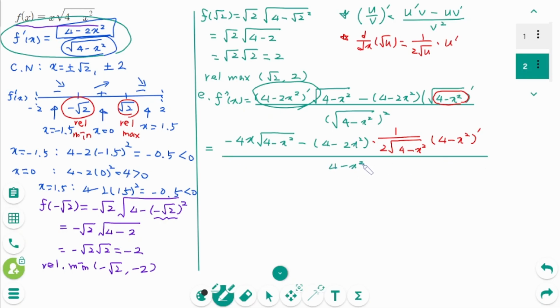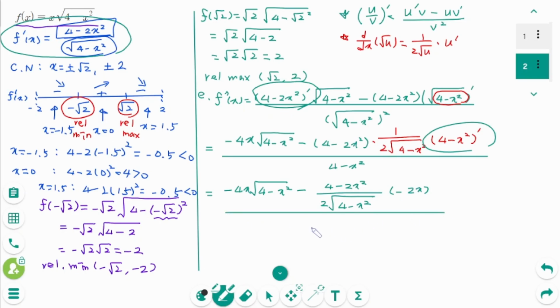4 minus x squared equals minus 4x times square root of 4 minus x squared, minus (4 minus 2x squared) over 2 times square root of 4 minus x squared, and this one is minus 2x over 4 minus x squared, equals minus 4x square root of 4 minus x squared.